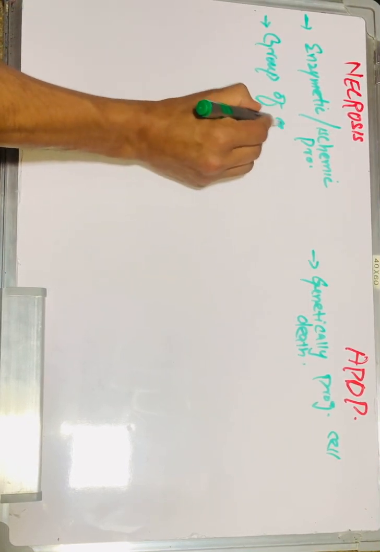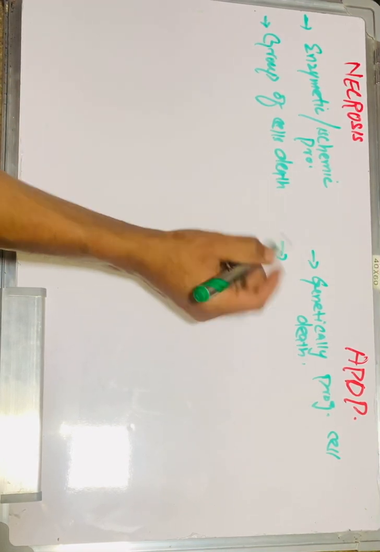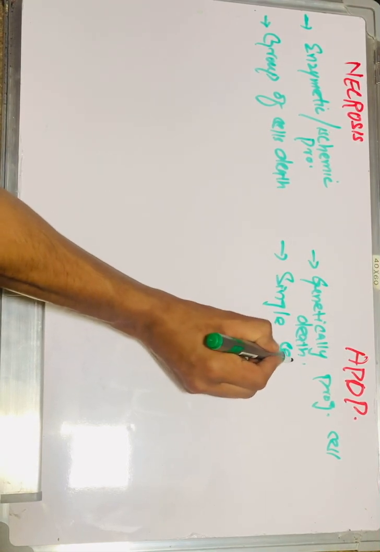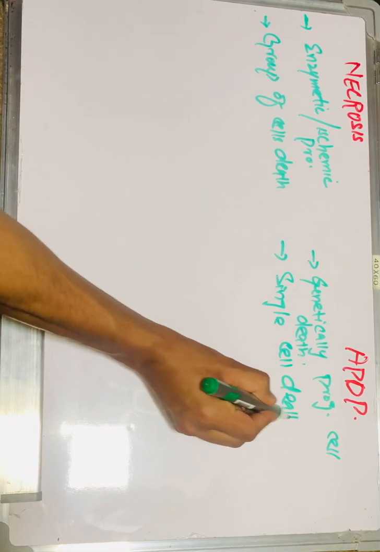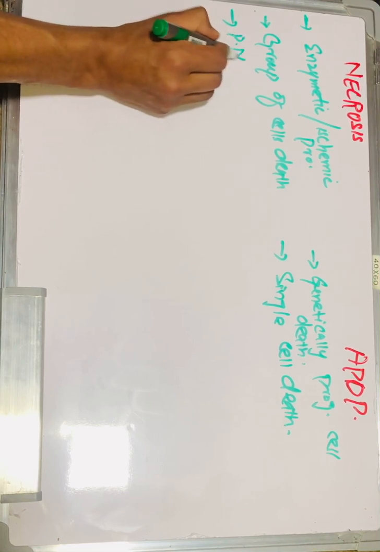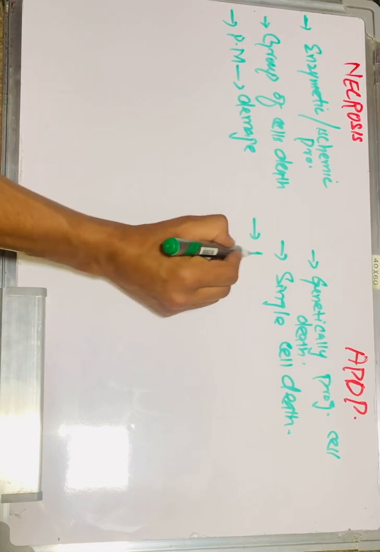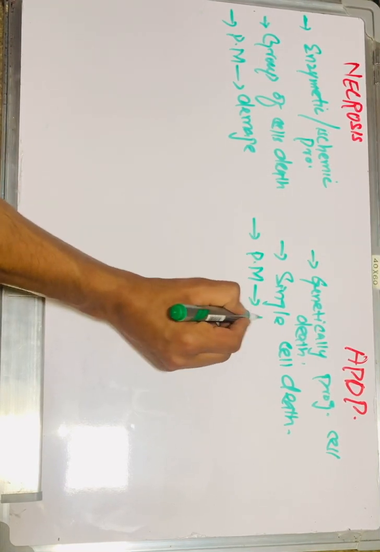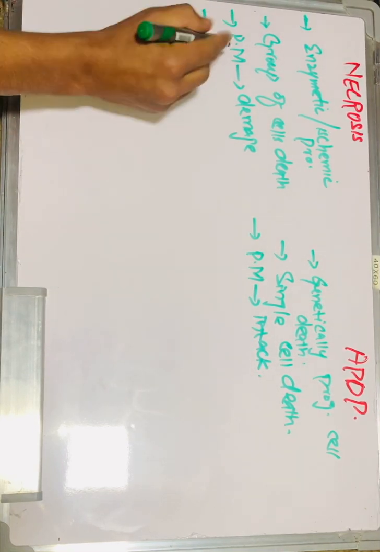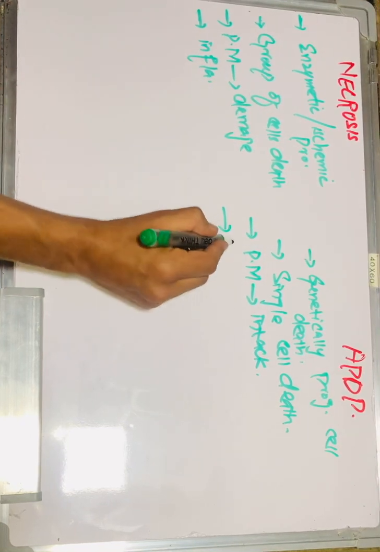Group cell death occurs in necrosis, whereas in apoptosis single cell death occurs. In necrosis the plasma membrane is damaged. In apoptosis the plasma membrane is intact. Inflammation is present in necrosis.